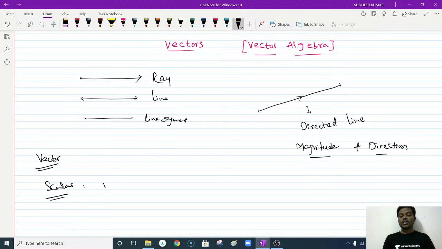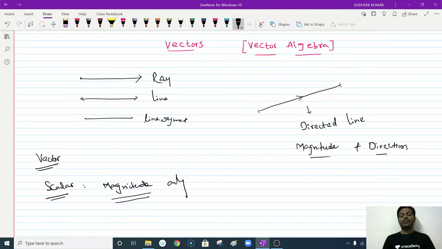The quantity which has only the magnitude, irrespective of direction, is called a scalar, right? Suppose weight, height, time.